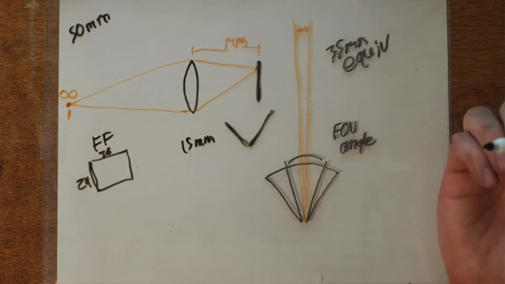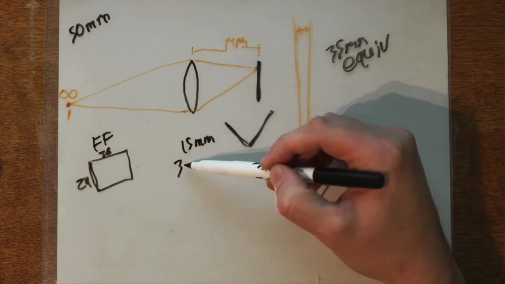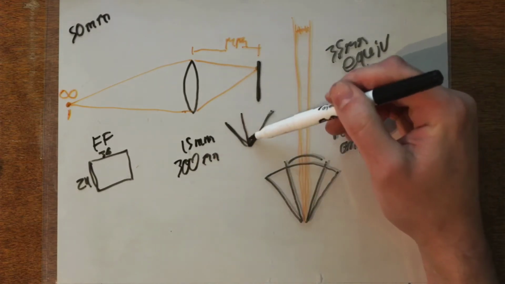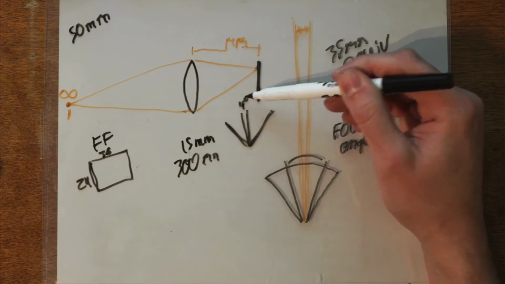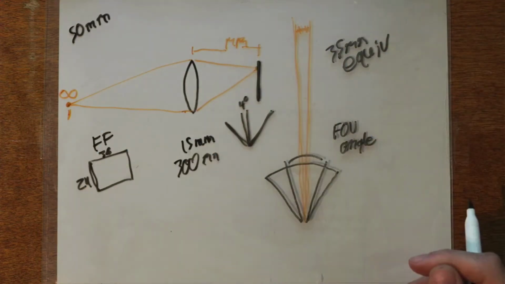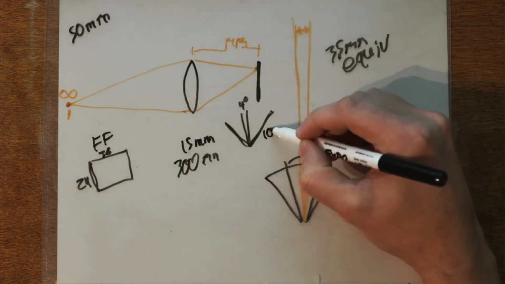The long lenses that you can get, I think the longest lens I have is 300, and that gives me about a 4 degree. Something like 4, let me actually look that up really quick. So 15 millimeter gives 100 degrees.